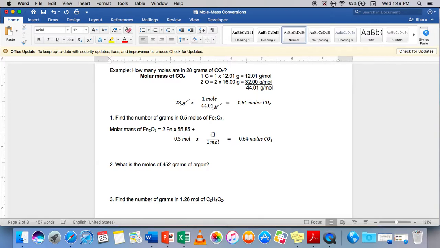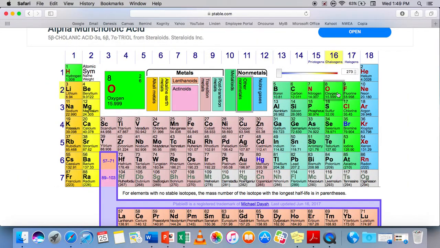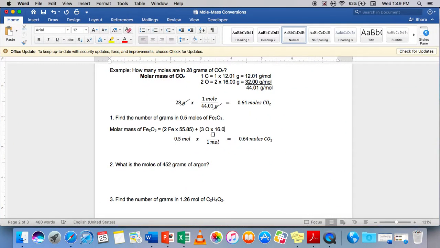And I can add that to 3 O's. I'm going to put these in parentheses to make it very clear for you, because we're going to end up adding these together. 3 O's, which if you remember, oxygen is 15.999, and we can use 16.00.